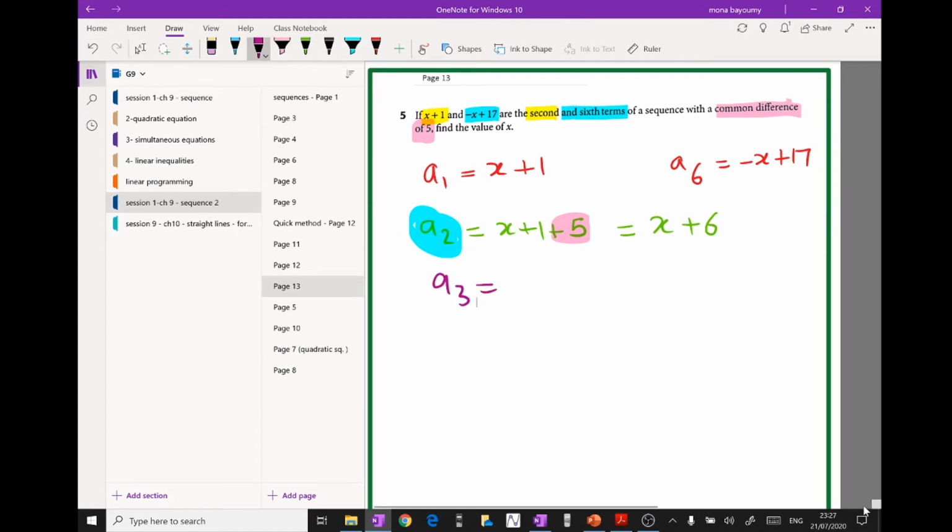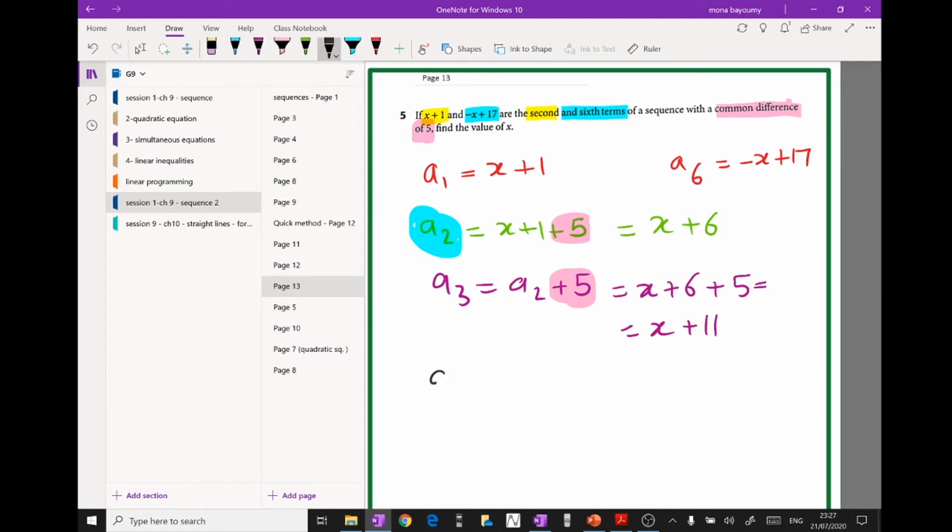A3 means I have to take the previous term, A2, plus 5. A2 is equal to x plus 6, plus 5. So it is equal to x plus 11.